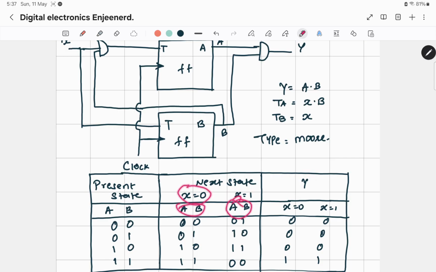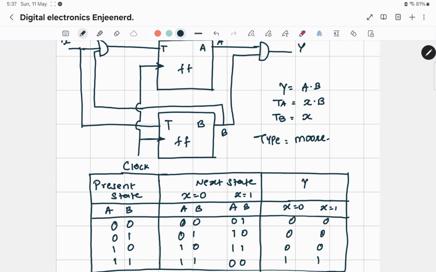And for X equal to 1, what is my new A and B? How do we find this? To do this, you have to put these values of 0 0 into these equations, and depending on the truth table of TA and TB, I will get my output.